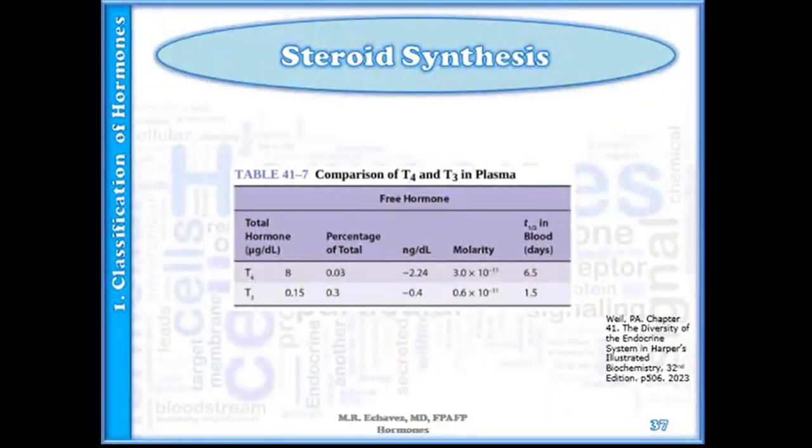They are bound to your TBG, which has a capacity to bind 20 micrograms per deciliter of plasma. Under normal circumstances, TBG binds non-covalently nearly all of your T4 and T3 in your plasma. However, it binds your T4 with greater affinity than your T3.